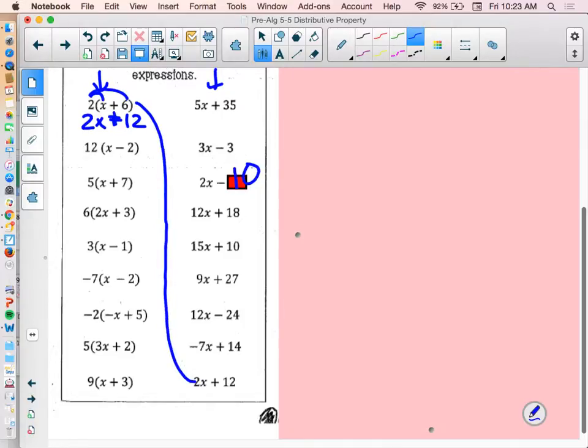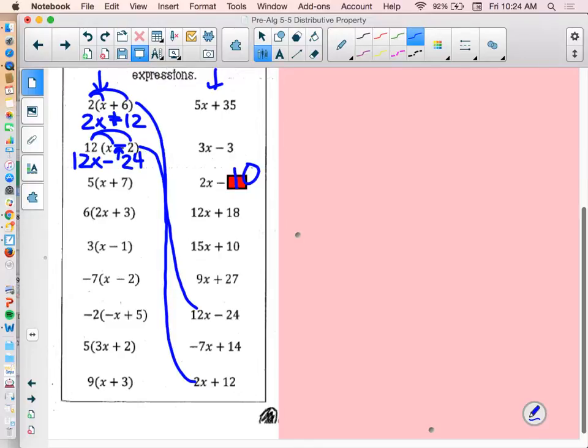Okay, this next one, 12 times x minus 12 times 2. Notice I said minus. The reason is because if this sign right here is a subtraction sign, then you have to keep the subtraction sign in your answer. So we will have 12x minus 12 times 2, which is 24. Don't forget to then find that, and if you don't find the answer, you might have gotten it wrong. So recheck.